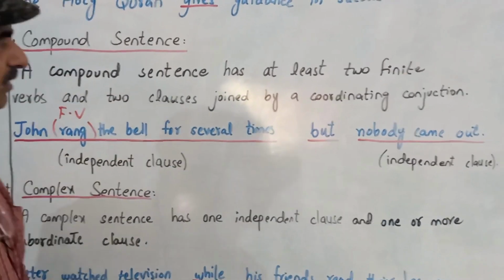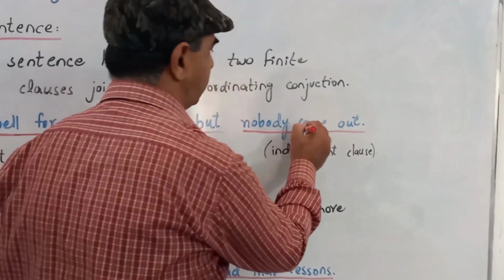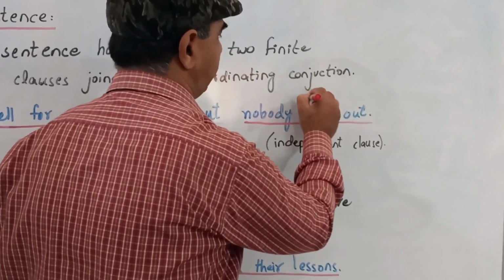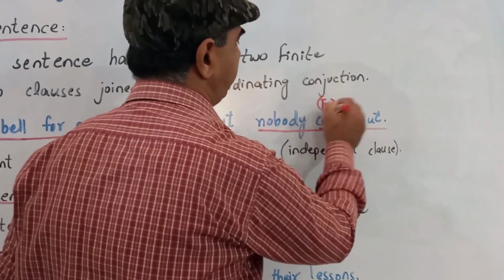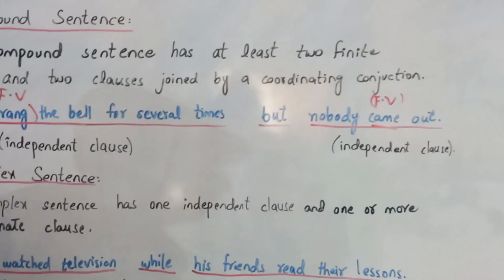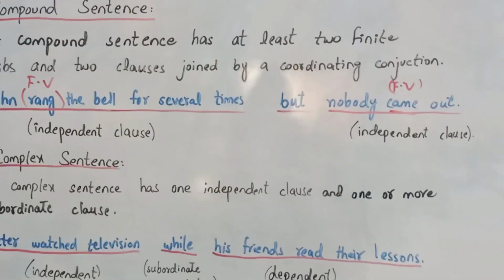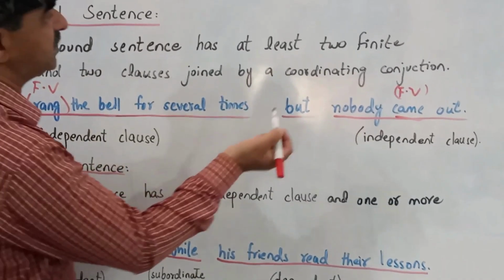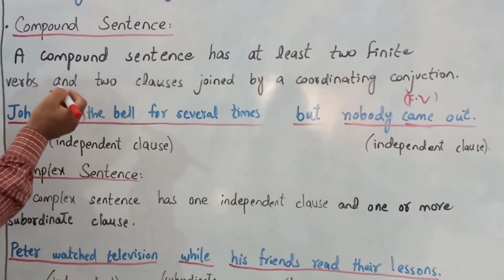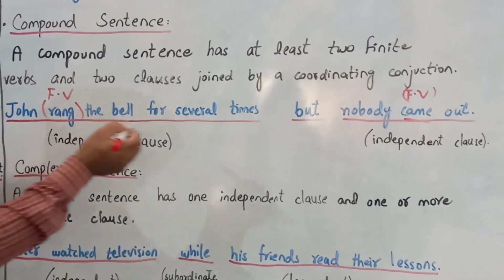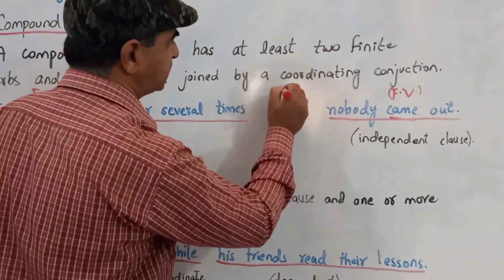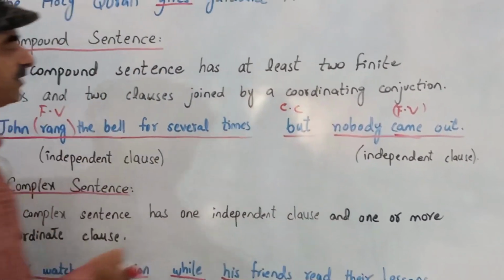Next one, there is a finite verb. How many forms are there? Three forms. Come, came, come. Clear? So it has got two finite verbs and one conjunction. This is CC, coordinating conjunction, okay?